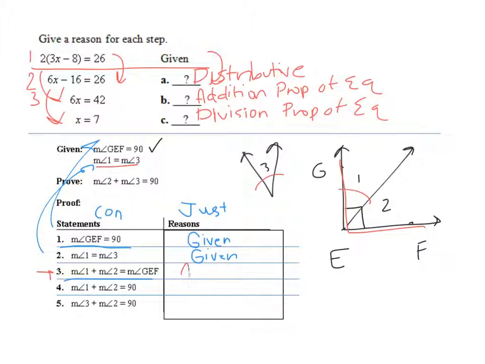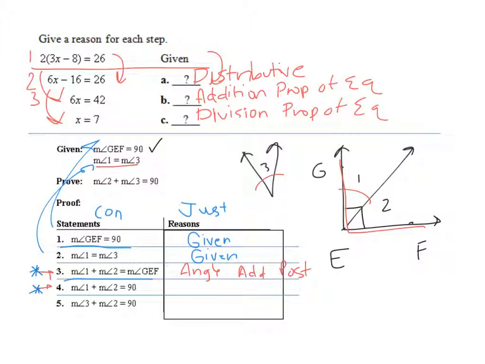That is by the angle addition postulate. So next line, why does the measure of angle 1 plus the measure of angle 2 equal 90 degrees? If I look at line 3 and line 4, I need to see how I'm going from line 3 to line 4. What is different between the two lines?